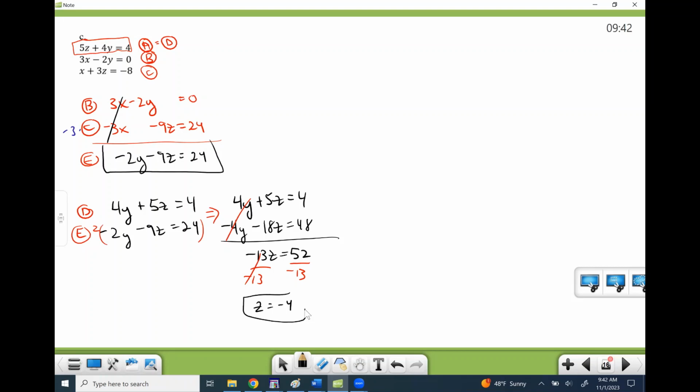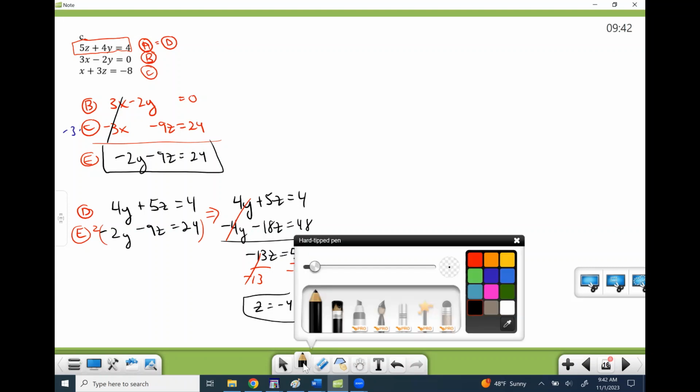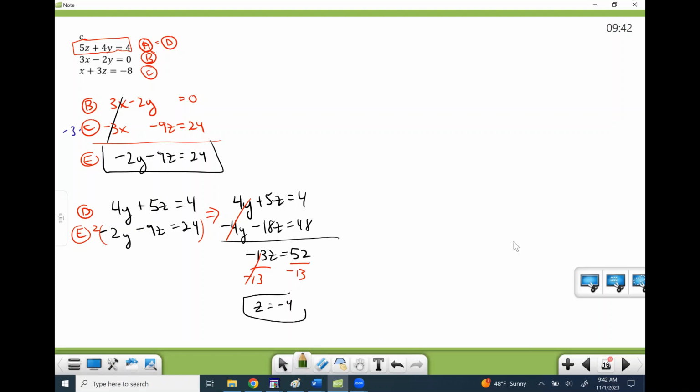So now that we know z equals negative 4, we can go back to basically any equation, right? So I'm thinking about substituting it in. This is kind of out of the ordinary. We could substitute it into E, and maybe I will. But I'm also going to substitute it into this equation to help me get x.